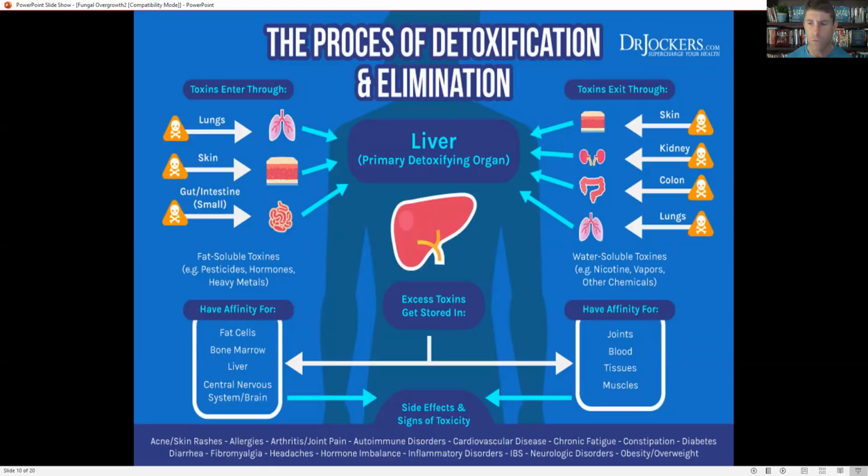We want to reduce the amount of toxicity that's on our liver. Okay, our liver is constantly working to try to deactivate toxins. Now, the liver is not where we get rid of toxins. A lot of people think we store toxins in our liver, but that's not true. We go through a process, phase 1 and 2 of liver detoxification, where we deactivate the toxins.